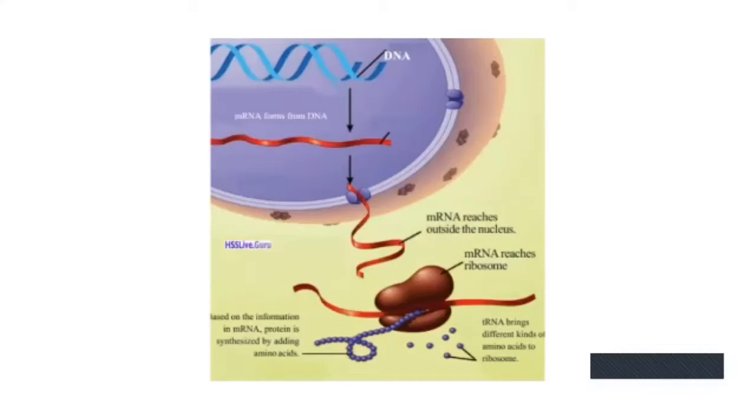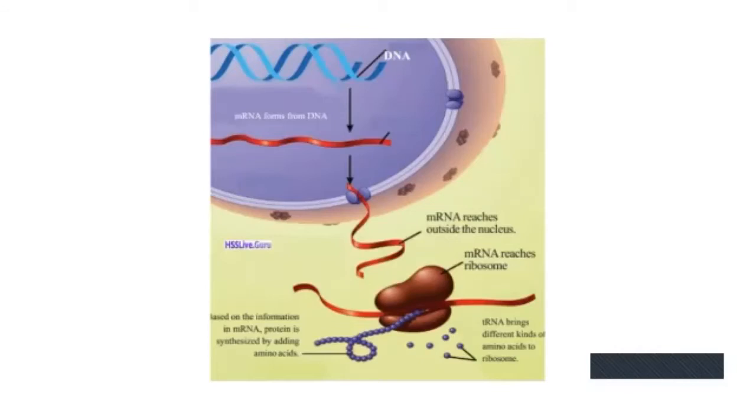When it reaches outside the nucleus, you can see the structure ribosome is present. You have earlier studied about the cell organelles, and that the ribosome is the center of protein synthesis. So this mRNA carries the message to the ribosome.